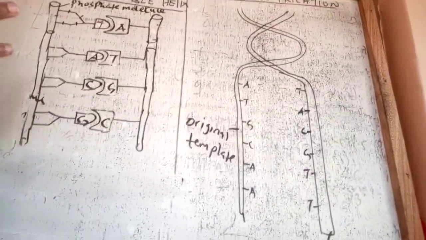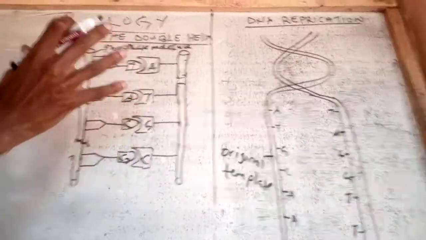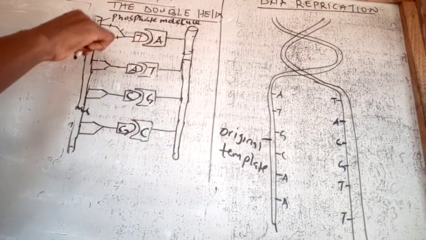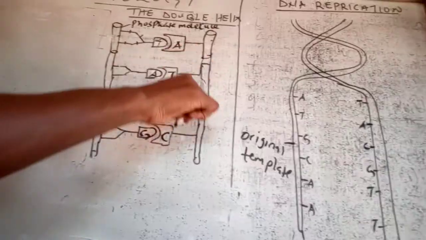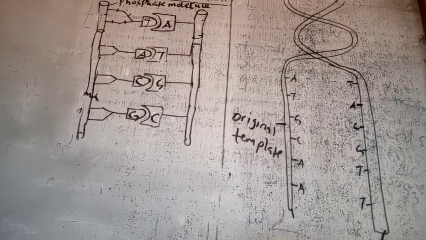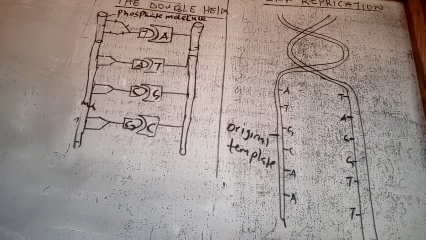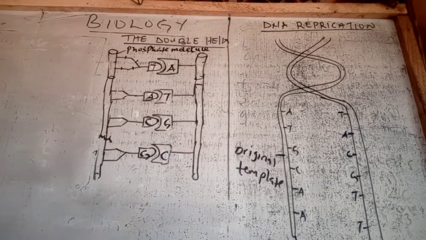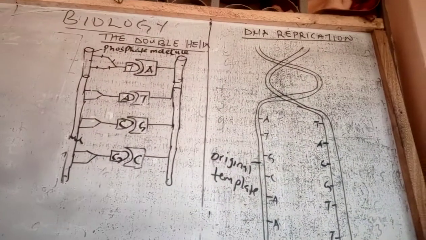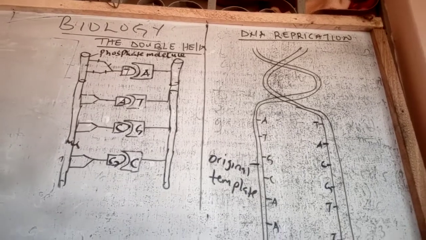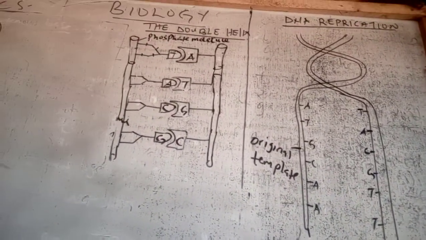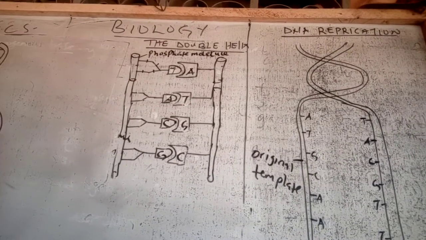It is called a double helix because we have one DNA strand on one side and another DNA strand on the other side, and the two strands will twist together, or zip up together, to form a double helix molecule.